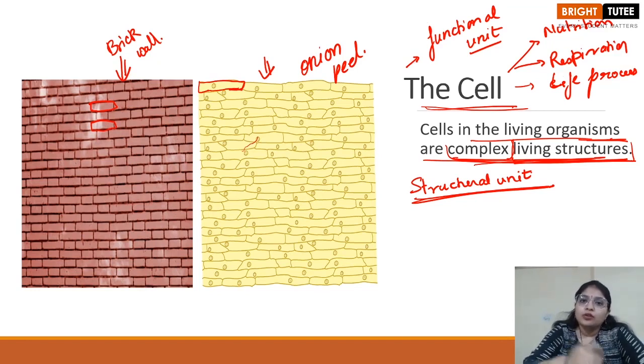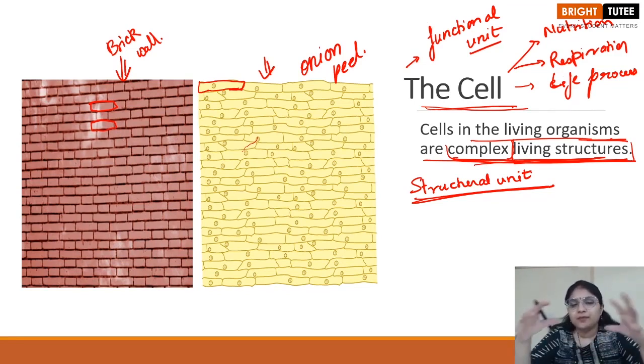So although we can make a comparison between a building and an organism, we see that different shapes of buildings are achieved by the brick cells only. So brick is the basic unit of buildings, and different shapes are achieved by it.